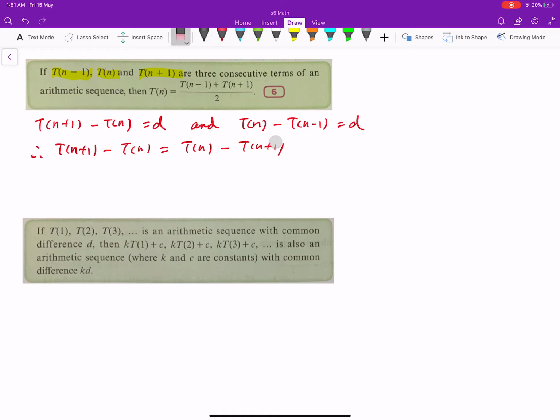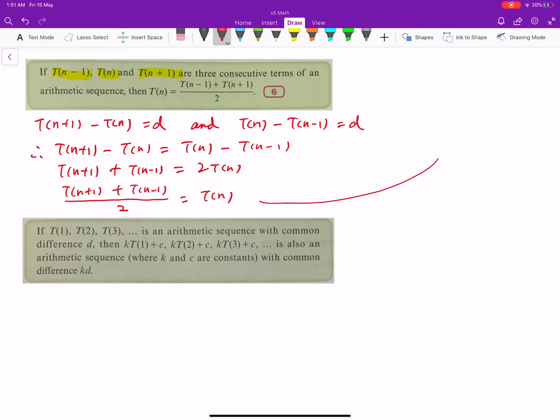This should be -1. And then we just move the terms. We will have this one. So finally we will get Tn plus 1 plus Tn minus 1 over 2, which is Tn. So this is the same as this one.